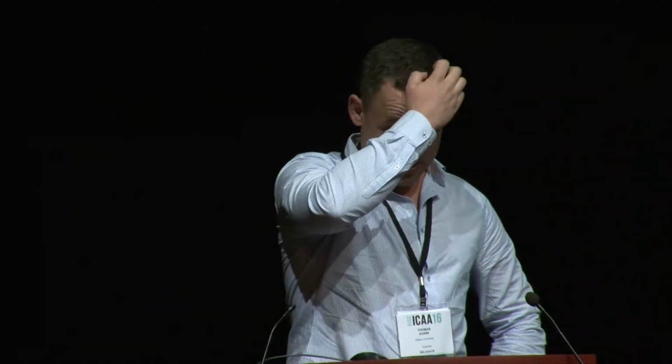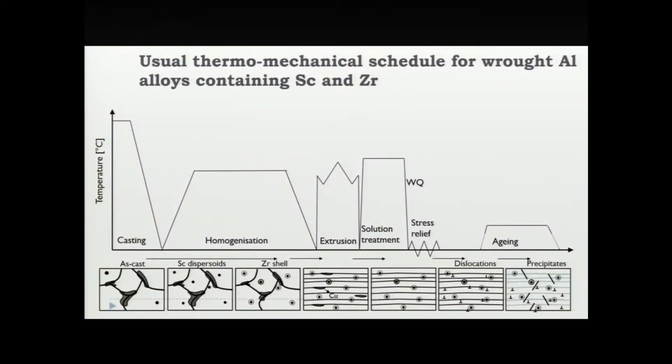So here is a schematic of, I guess, traditional thermomechanical treatment. I say traditional, so that's for extrusion here, for example. First you will have, of course, your as-cast microstructure. This schematic was initially done for the 2000 series, where mainly scandium and zirconium were supersaturated apart from the formation of a few primary dispersoids during casting.